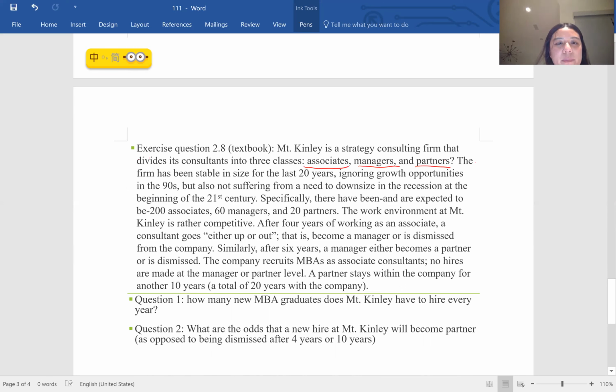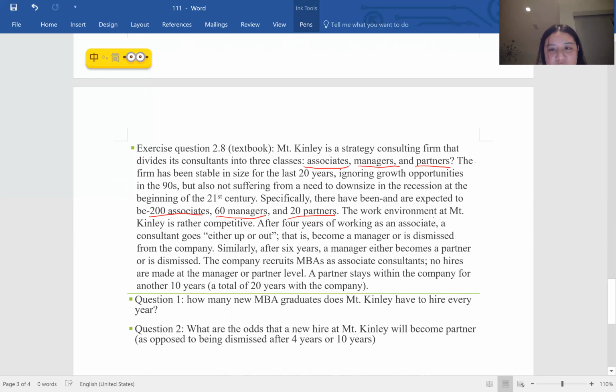The firm has been stable in size for the last 20 years, ignoring growth opportunities in the 90s, but also not suffering from a need to downsize in the recession at the beginning of the 21st century. Specifically, there have been and are expected to be 200 associates, 60 managers, and 20 partners.